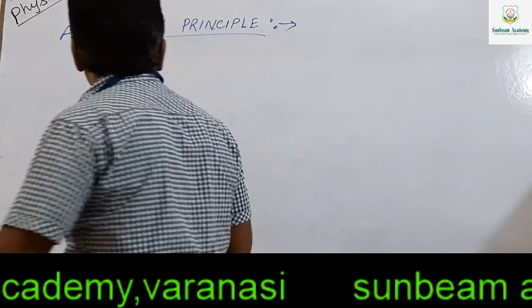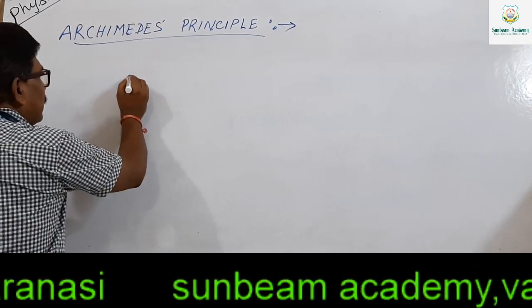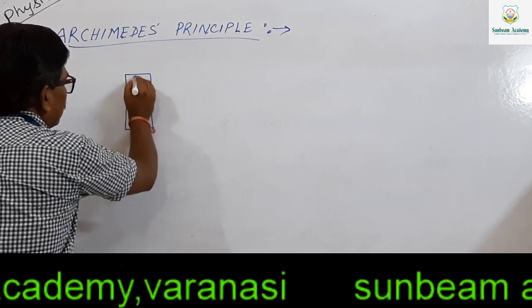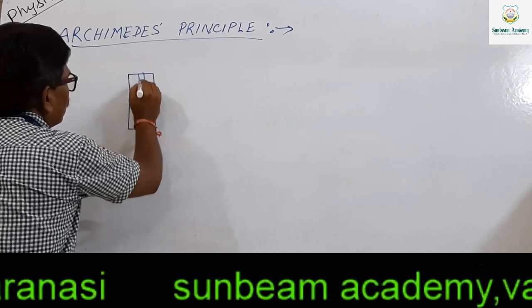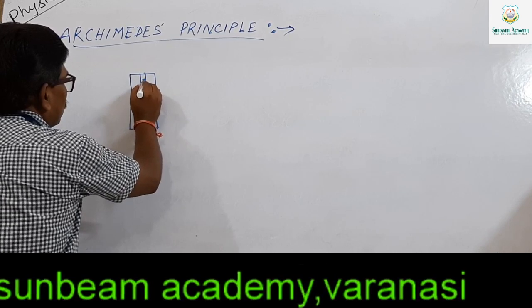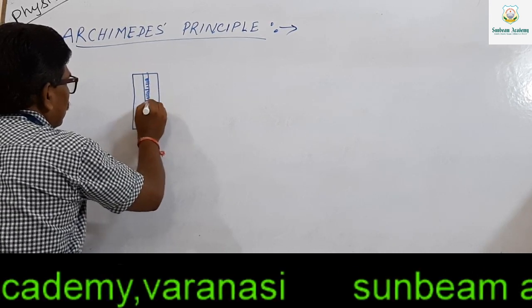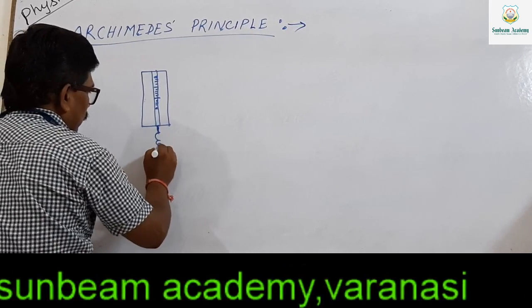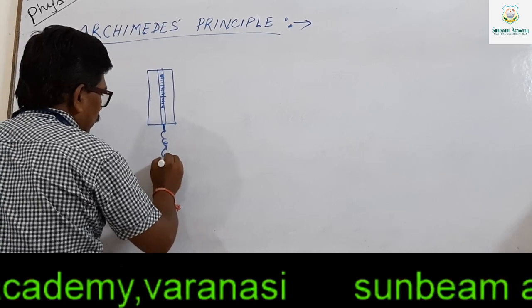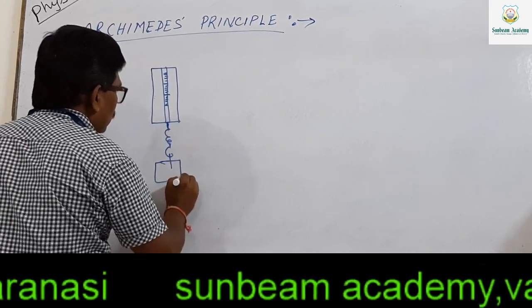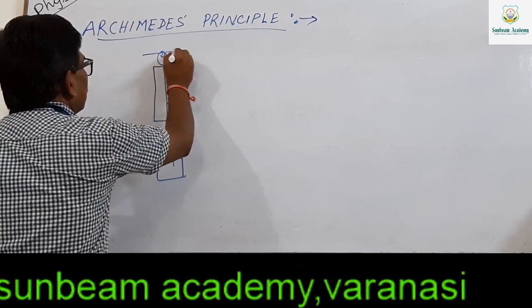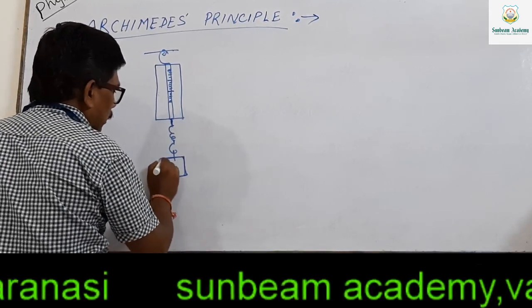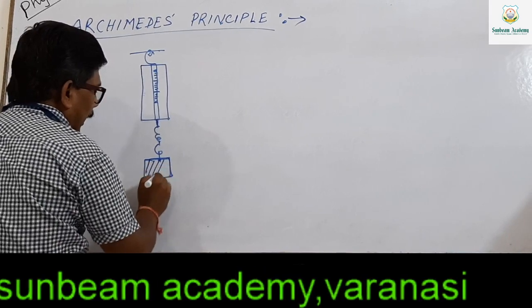What you have to do, you take a spring balance, एक स्प्रिंग बैलेंस लीजिए, and attach an object to it.